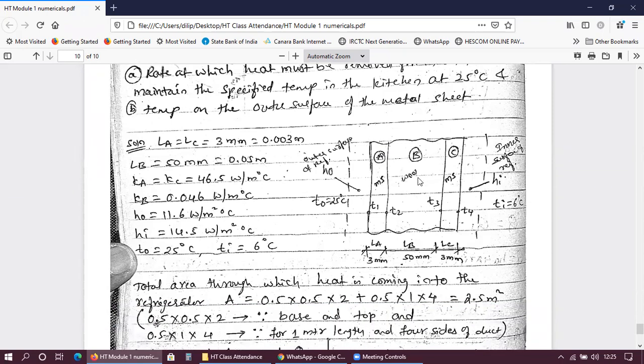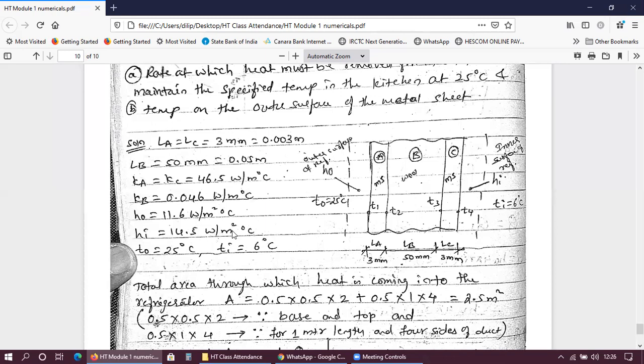Then Kb, the thermal conductivity of the glass wool, is given as 0.046 watt per meter degree Celsius. HO is the heat transfer coefficient at the outer surface, and its value is 11.6 watt per meter square degree Celsius. HI is the heat transfer coefficient at the inside, and its value is 14.5 watt per meter square degree Celsius.